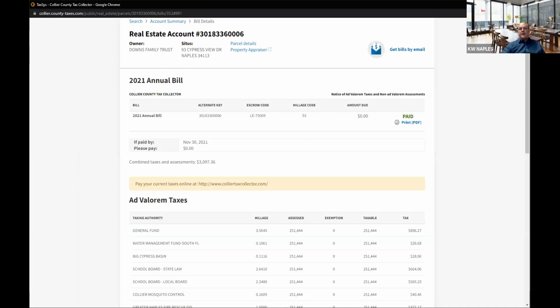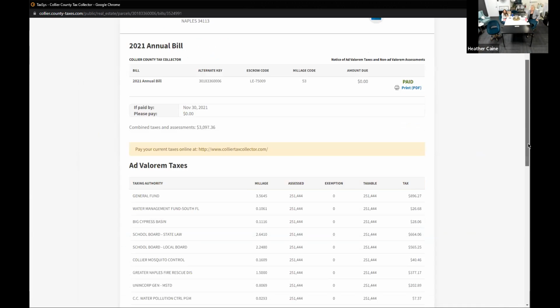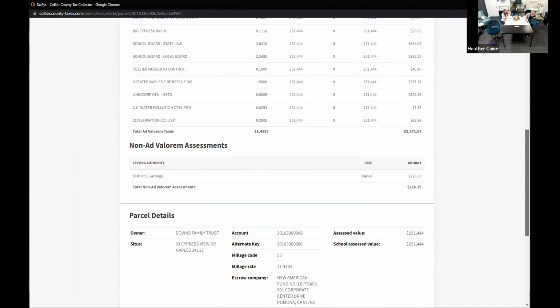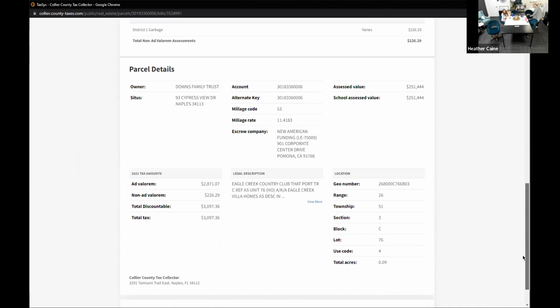Okay, so it's not a bad idea to look at the tax bill. See the last one. It's a great idea. A couple of things here. Tax amounts, ad valorem tax, that's county collected tax.